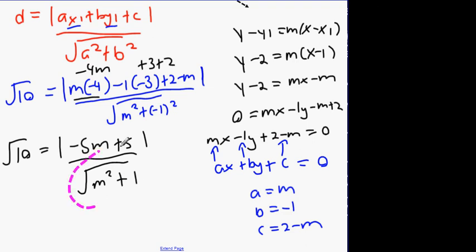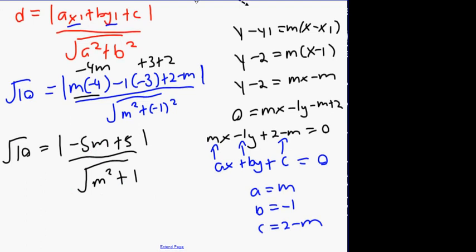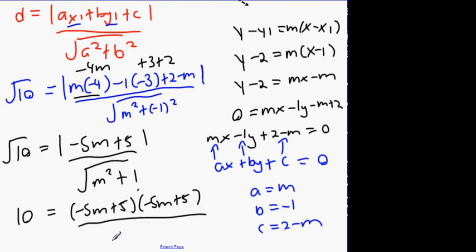The presence of the square root makes my life really easy. It means I should square both sides. When I square both sides, I'm going to get 10 equals, no, it's going to be minus 5m plus 5 squared, which is the same thing as, I'm just going to write the bracket down twice, just to make it easy for myself, all over m squared plus 1.